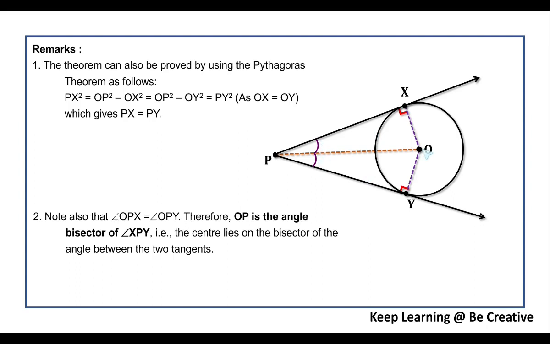Also we can conclude that OP is the angle bisector of angle XPY, because you can see that these two angles are equal. So it is dividing angle XPY into two parts which are equal in measurement. So that's why OP is working as an angle bisector for this angle.